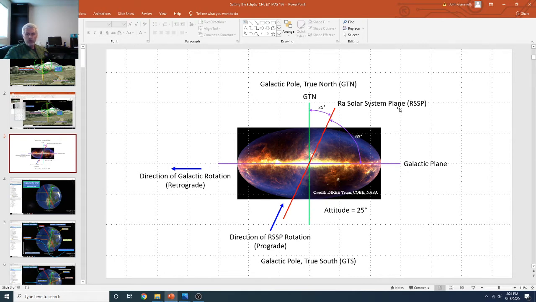Oh, raw solar system. I have it spelled out up here. Oh, there it is. Raw solar system plane. That's what that P was. Gives us an attitude of 25 degrees.